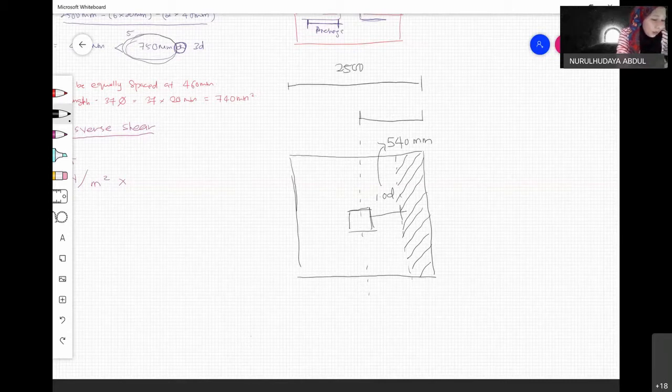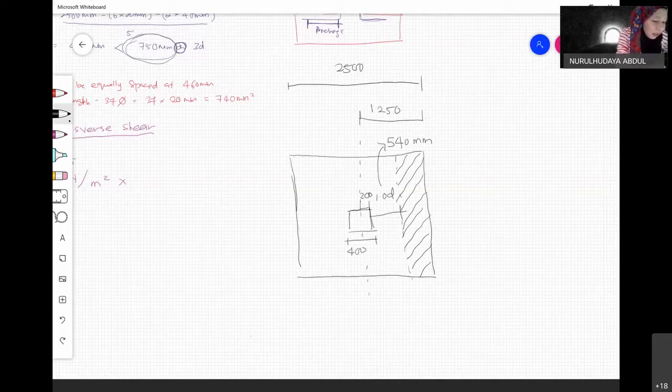So half of it is going to be 1250. Okay, and our width of column is 400 for example number 1, so half of it becomes 200.